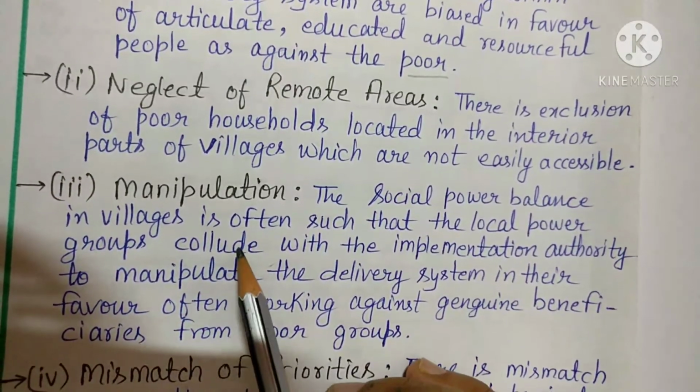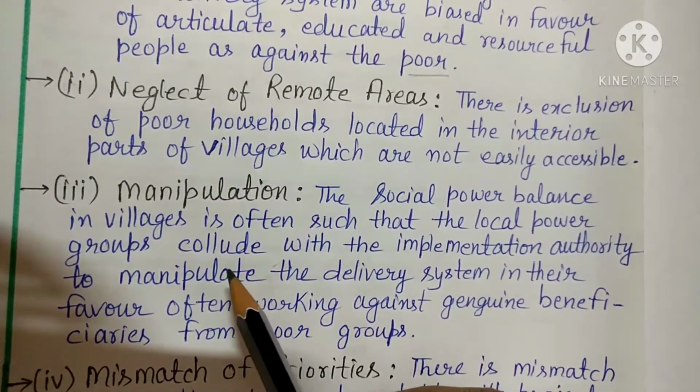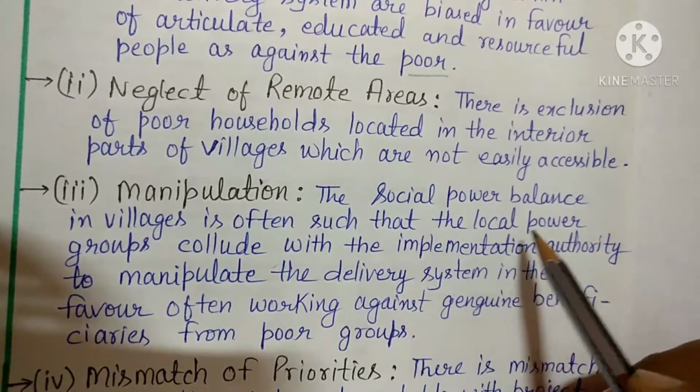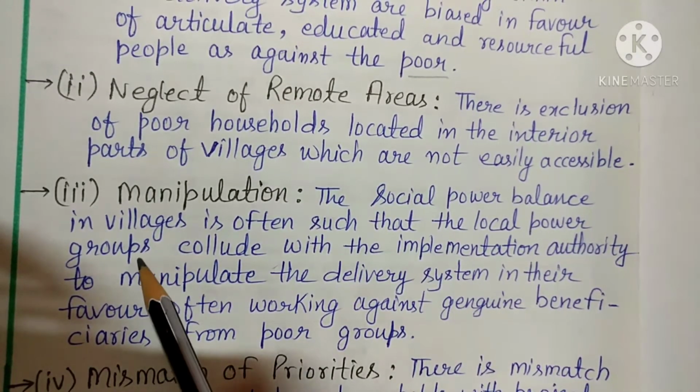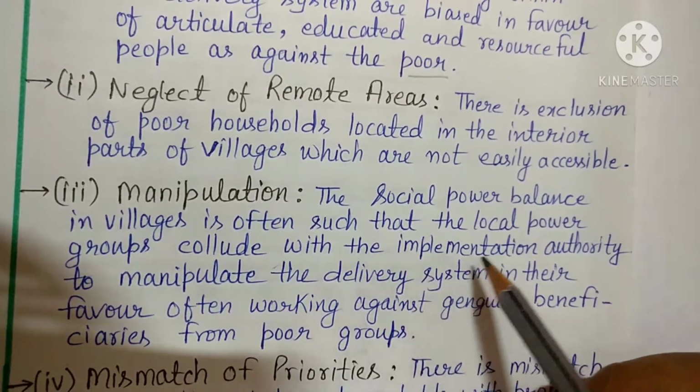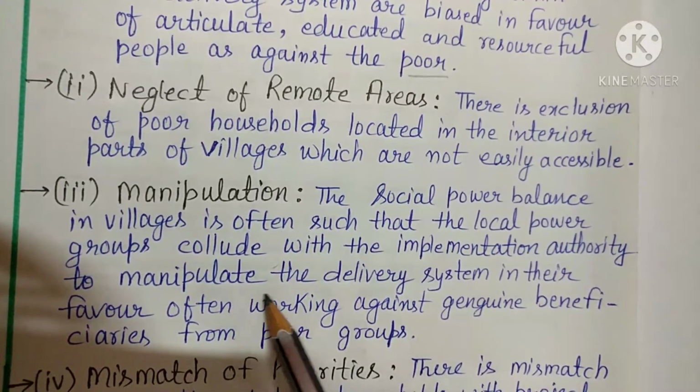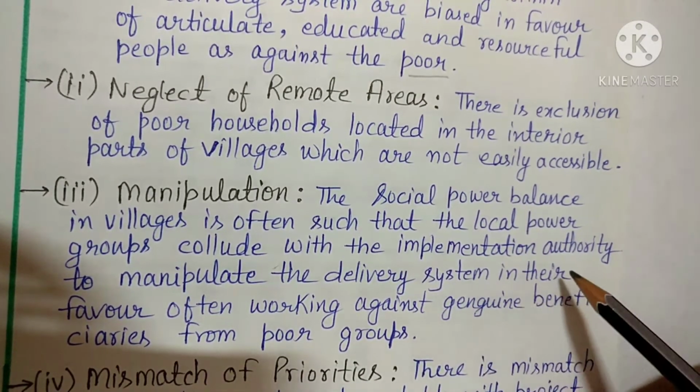Then comes manipulation. It was the biggest, you can say, a scam. The social power balance in villages is often such that the local power groups collude with the implementation authority.